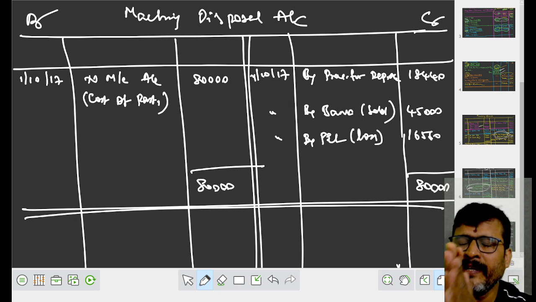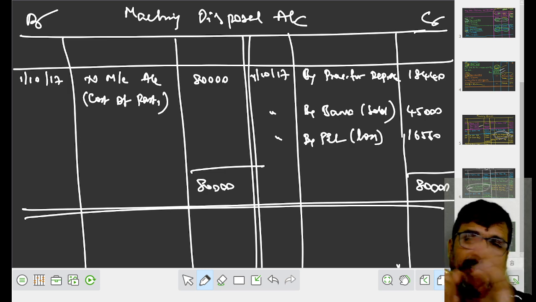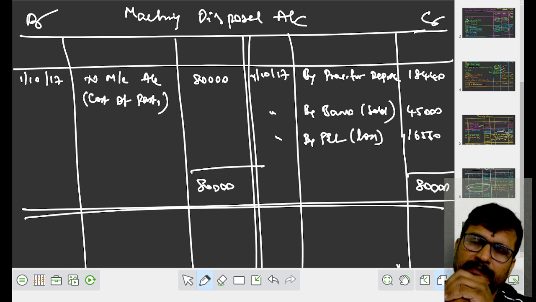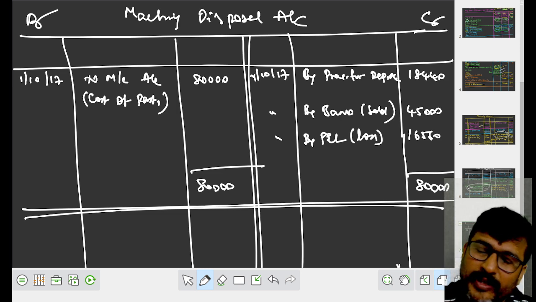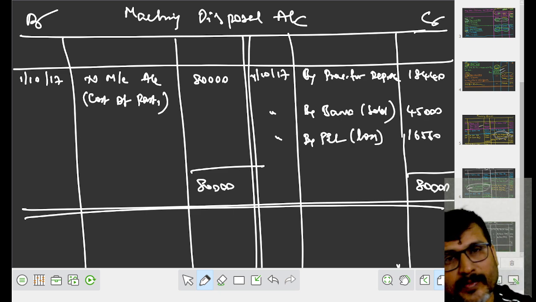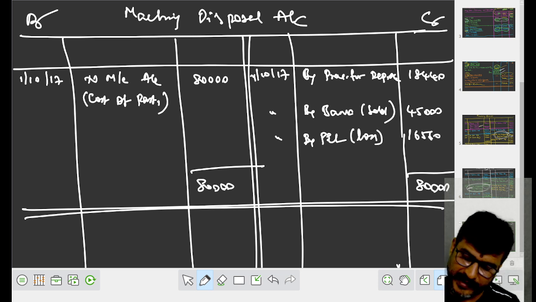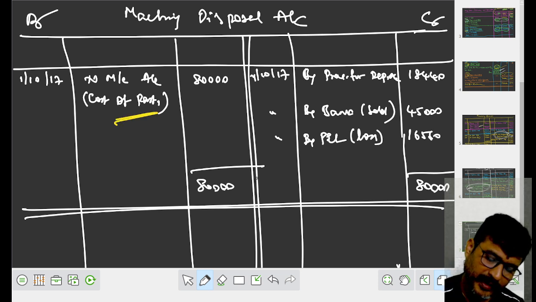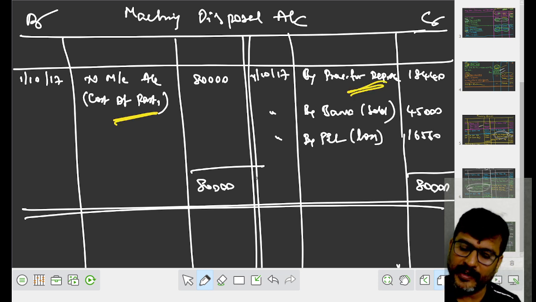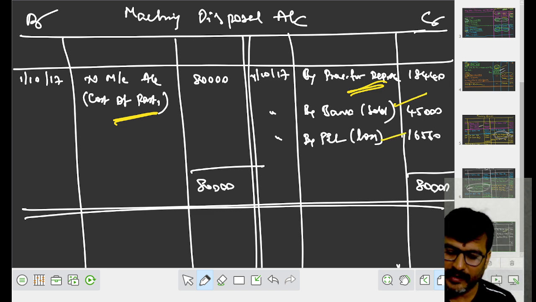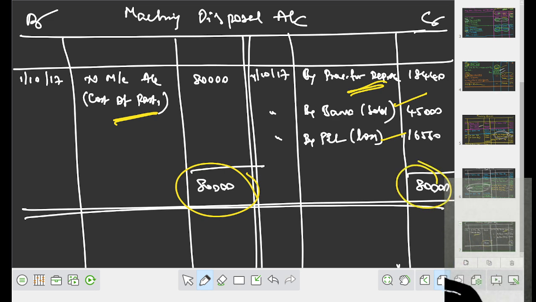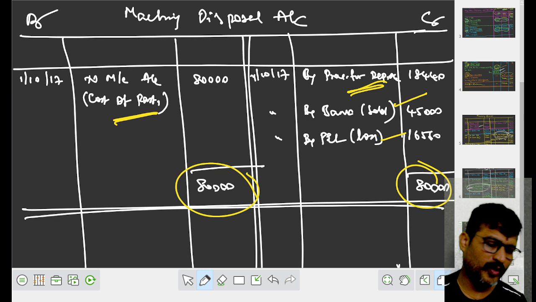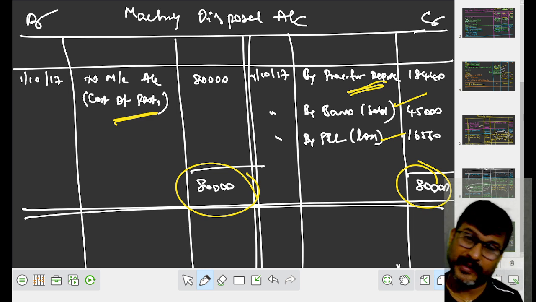Very important thing is, when the asset is sold, in machinery we have to write by machinery disposal. In provision for depreciation we have to write to machinery disposal. That is to be taken here as a corresponding entry. After that we have to write sold, we have to write loss. When you have posted all, the totals should agree. If it agrees, your answer is correct.